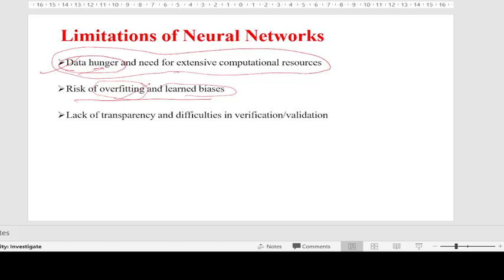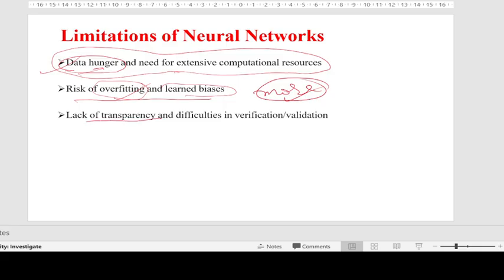It means it simply learns more than required, so the learning becomes excessive and the model is not able to fit properly. What is fitting, overfitting, underfitting, we will discuss later.